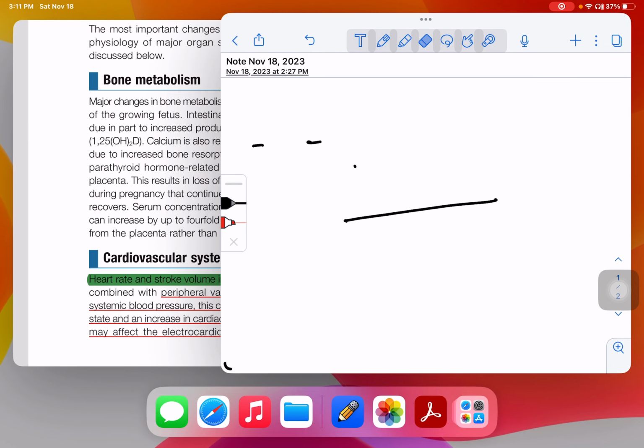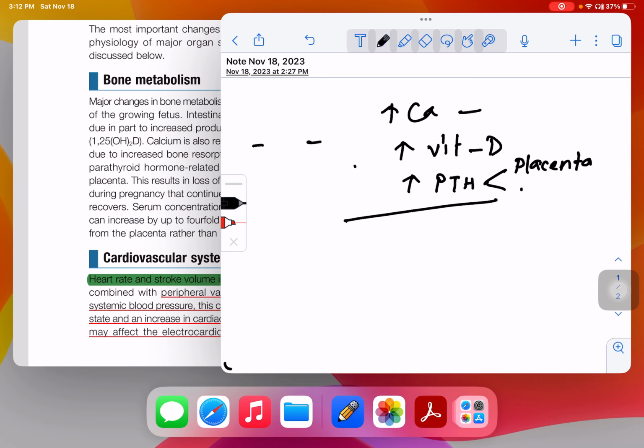In bone metabolism there is increased calcium absorption from the intestine due to increased vitamin D. And there is also increased parathyroid hormone, which comes from the placenta and breast.